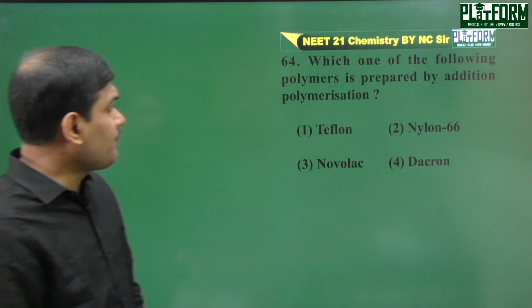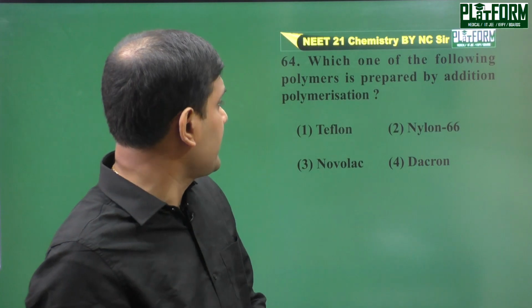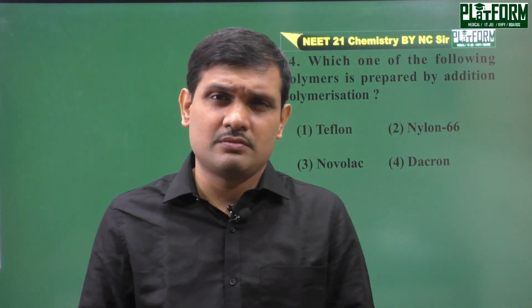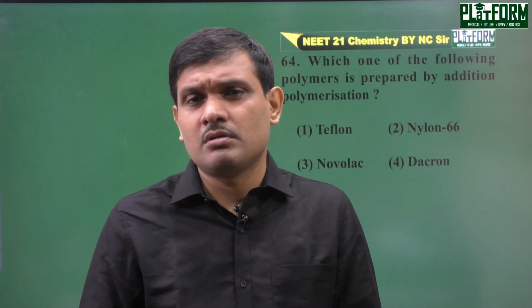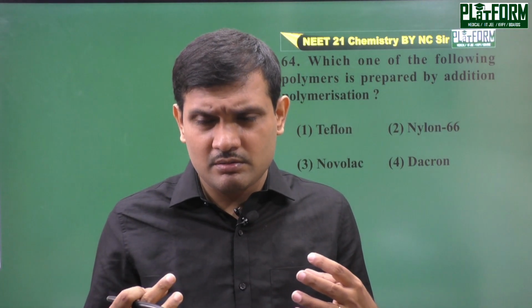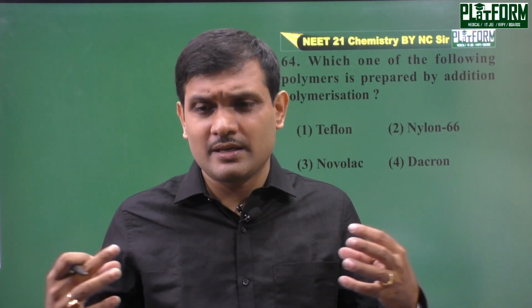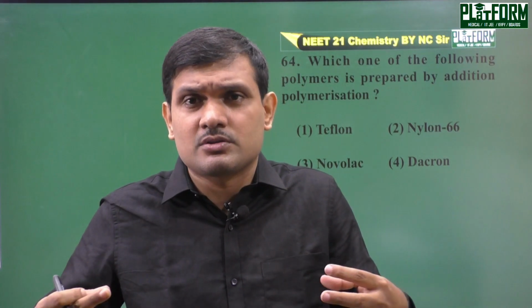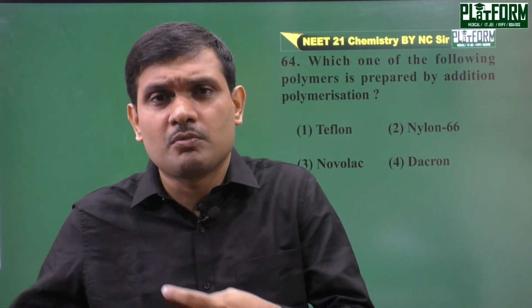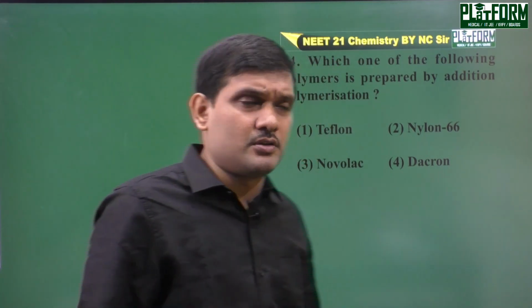Now, which of the following polymers is prepared by addition polymerization? That is a question from polymer chemistry. The polymerization process in which no molecules are eliminated, where large polymers are produced only by the addition of small molecules, is called addition polymerization.